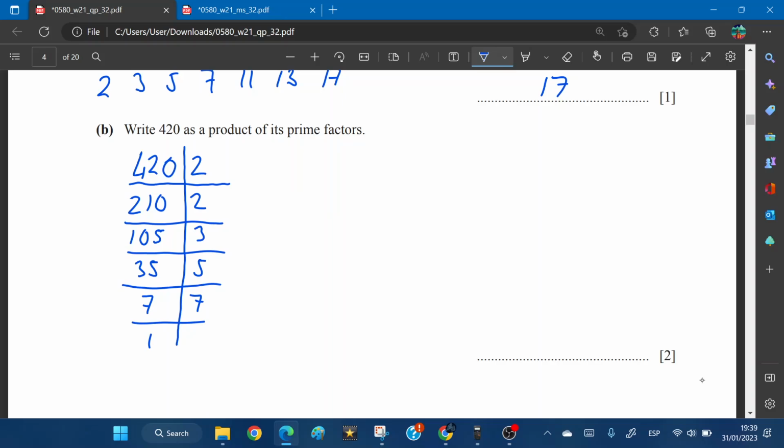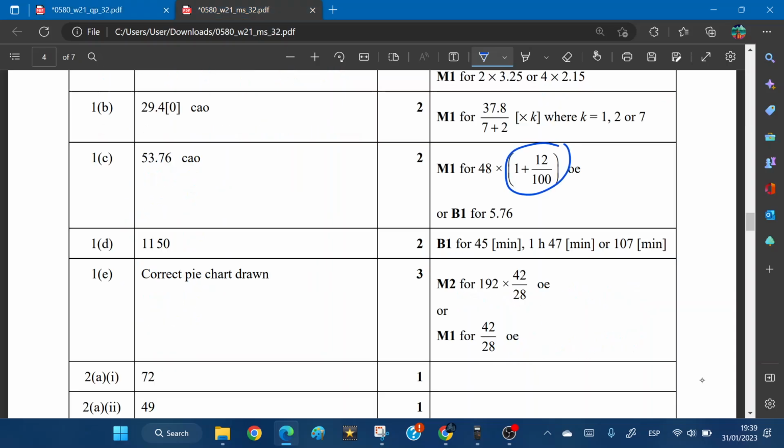Okay. So this written as a product of prime factors would be 420 equals 2 times 2 times 3 times 5 times 7. That should give you full marks, but if you want to be fancy, you can write 2 squared instead of 2 times 2, times 3 times 5 times 7.